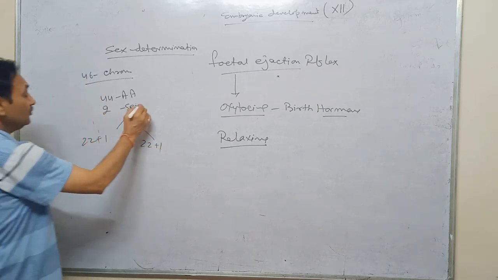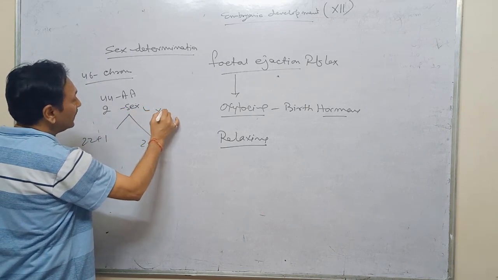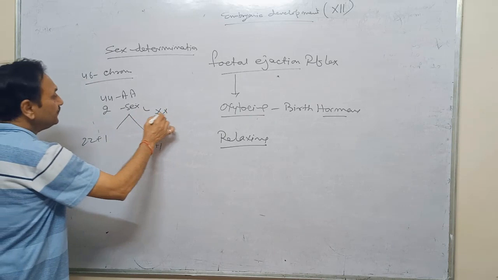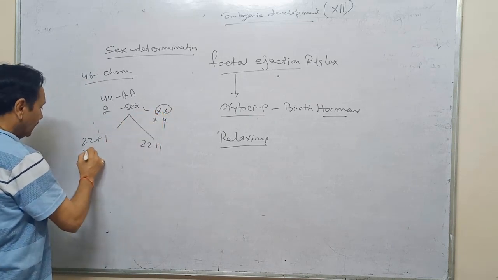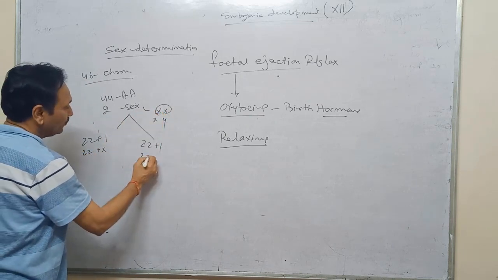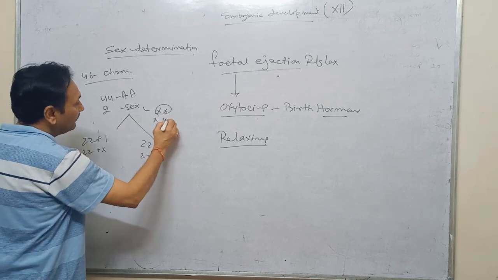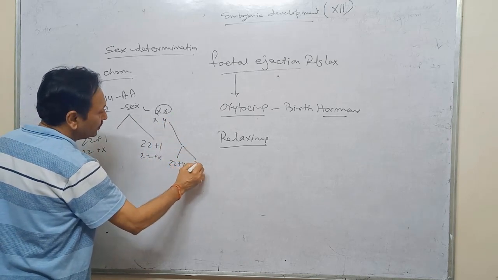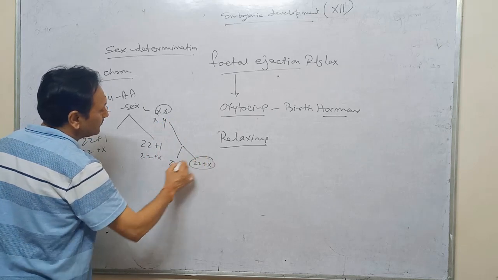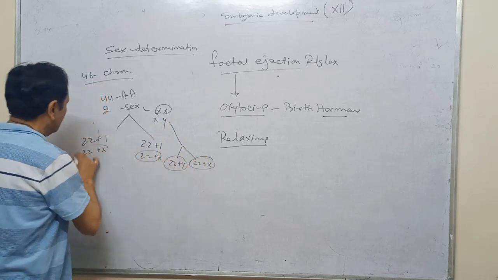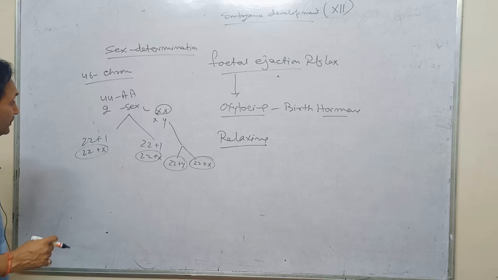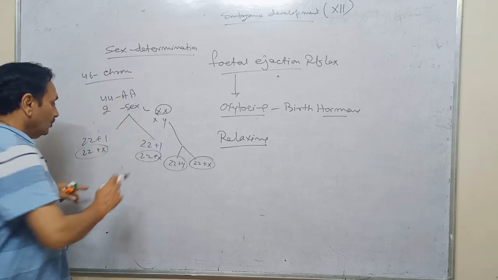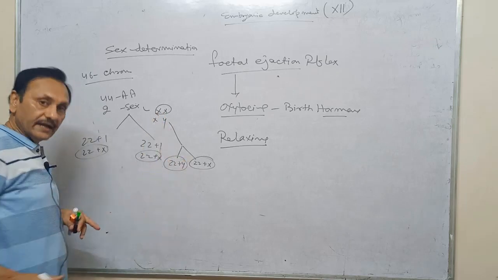Now the sex chromosomes are of 2 types: XX and XY. When it is female, the products are 22 plus X and 22 plus X. When it is male, the products are 22 plus Y and 22 plus X. Because of this type of division, the female is called homogametic and the male is called heterogametic.